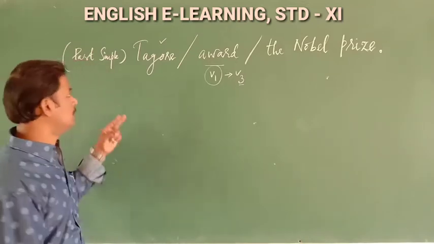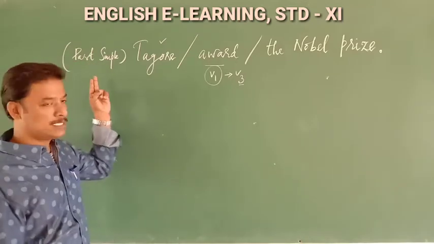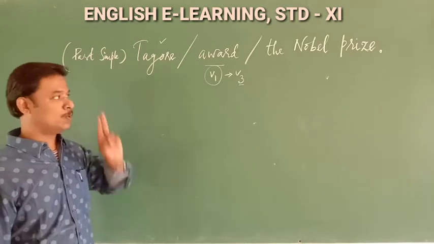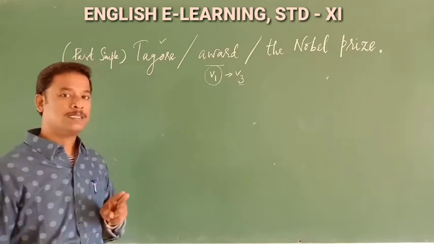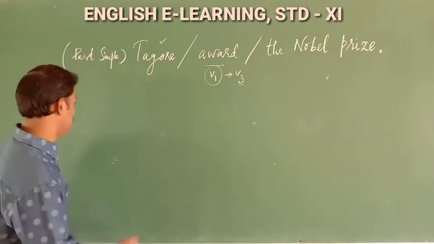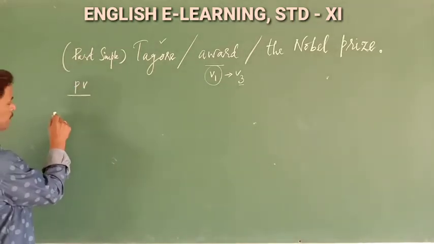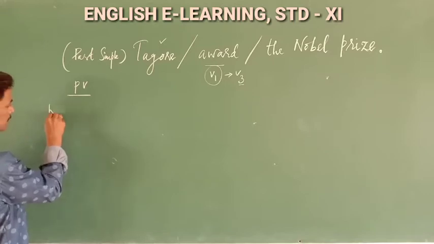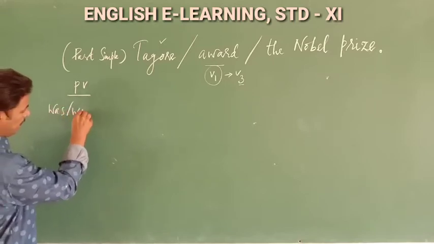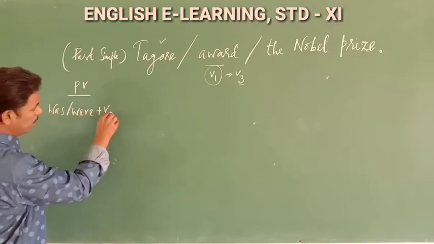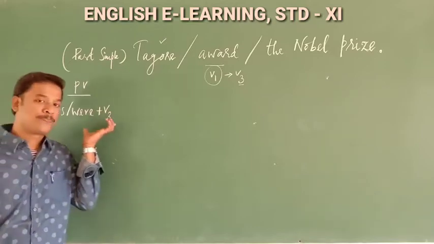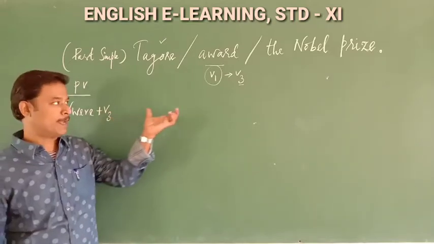Another thing, the tense form identified is simple past. So we must remember the simple past rule in passive. In passive voice, we have the rule: was or were plus verb 3. So this rule should be applied here.